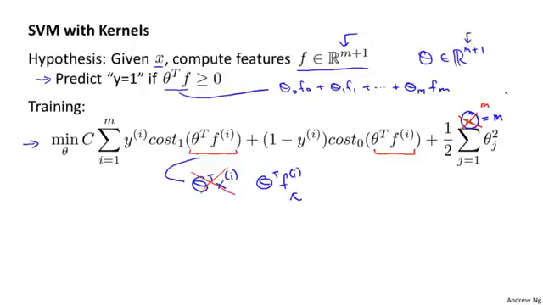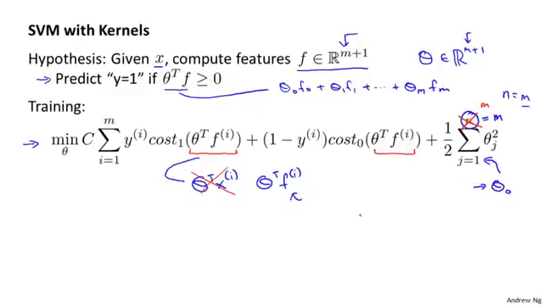Because if f is the new features, then we have m plus 1 features, with the plus 1 coming from the intercept term. And here we still sum from j equals 1 through m, because similar to our earlier videos on regularization, we still do not regularize the parameter theta 0, which is why this is a sum from j equals 1 through m instead of j equals 0 through m.